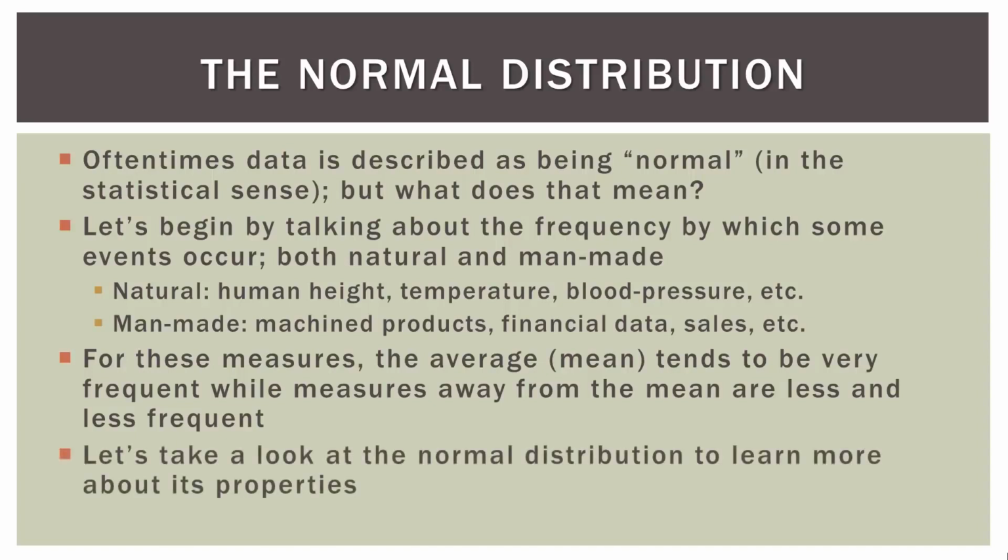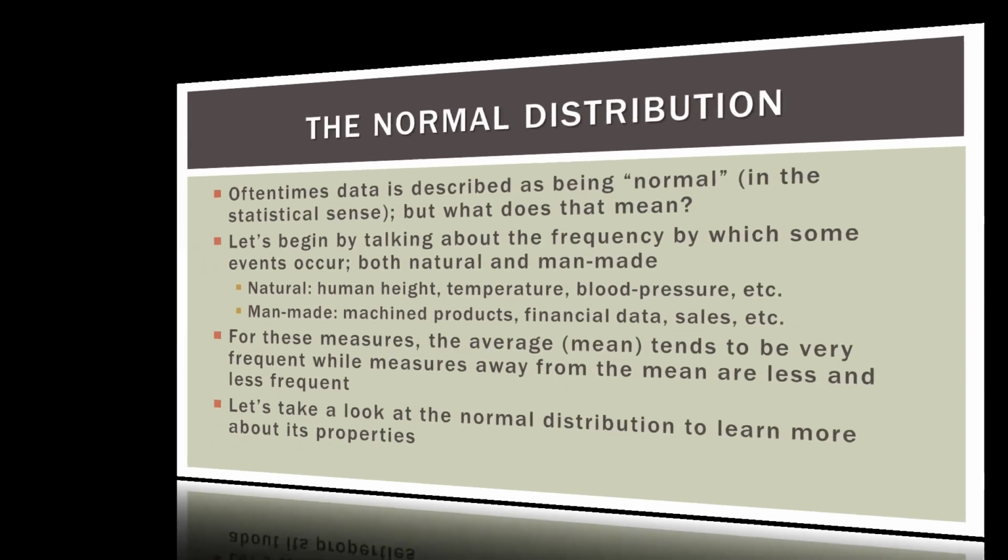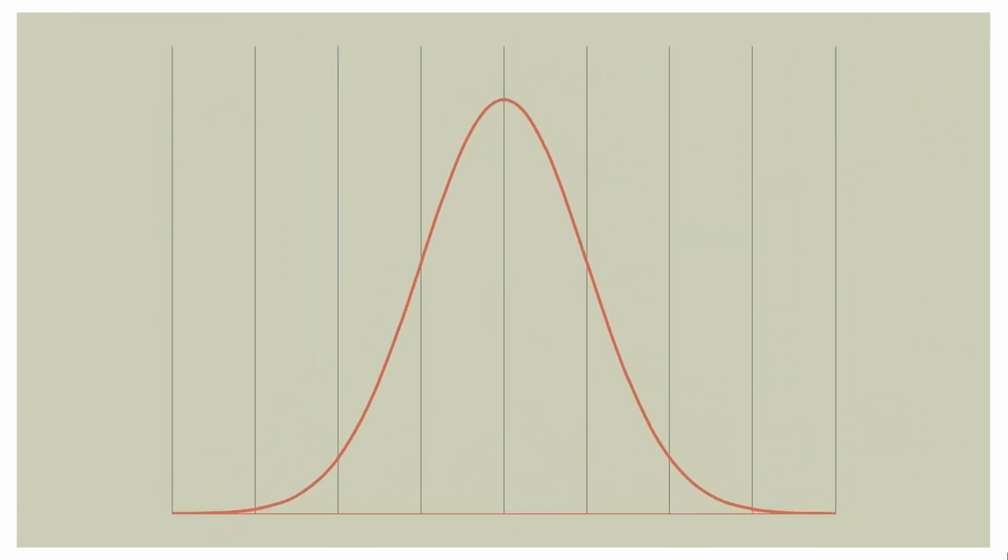So let's take a look at the normal distribution and learn more about its properties. So here it is. Now, from at least my view, from an aesthetic sense, I think the normal curve is a very attractive shape. But there are some things about the shape we should know.